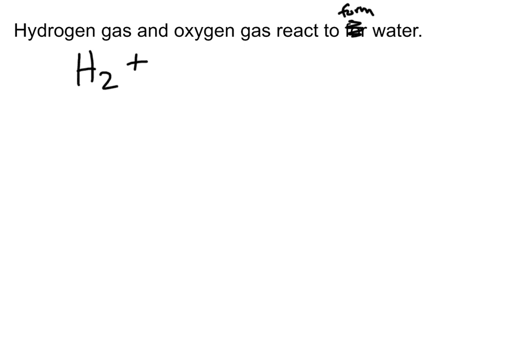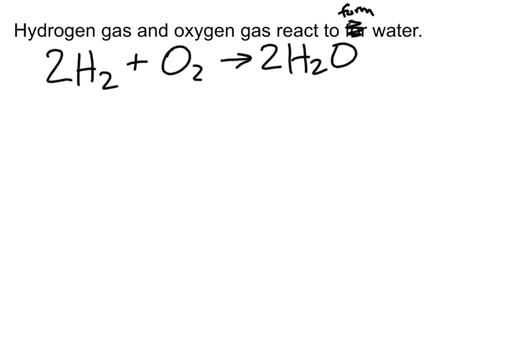So the first thing I have to do is write out my equation, and I should be able to knock out balancing real quick. So 2 moles of hydrogen gas react with 1 mole of oxygen gas to form 2 moles of water. In this case, all gases.